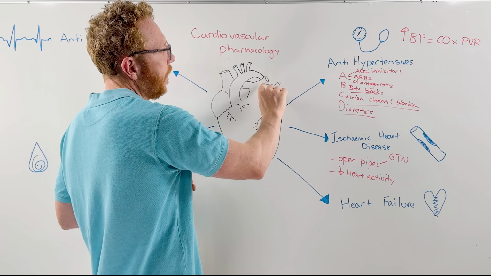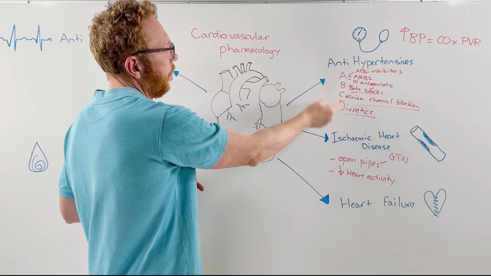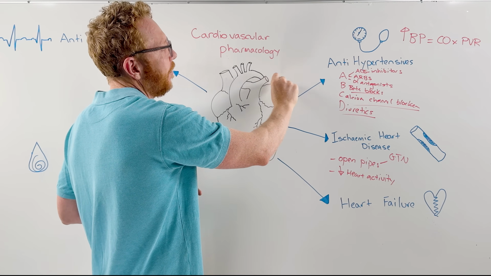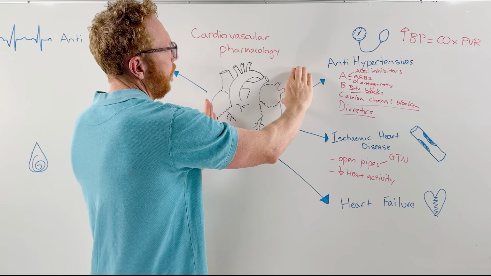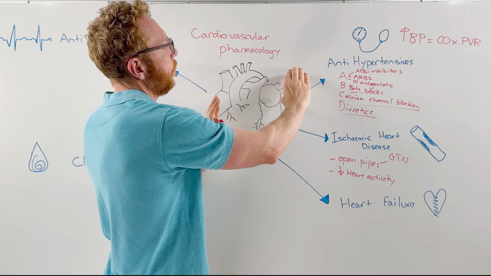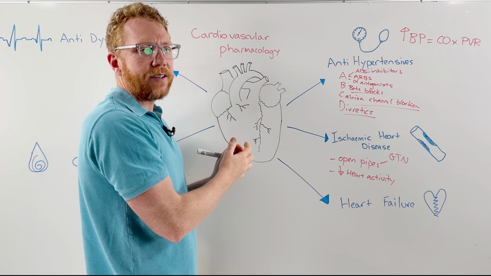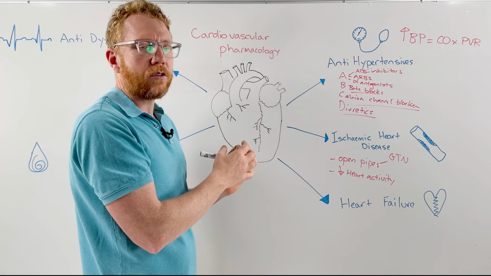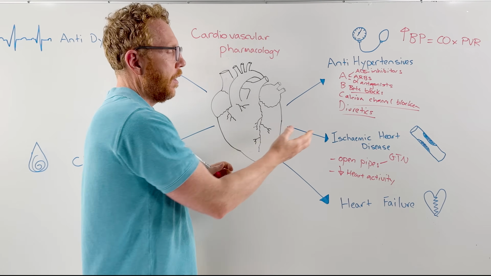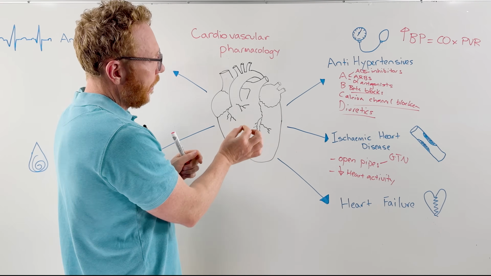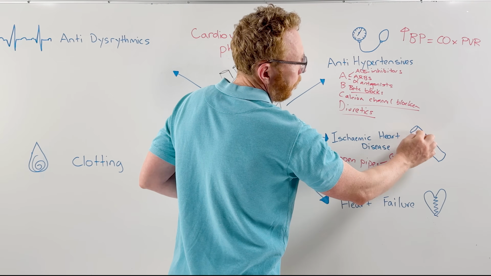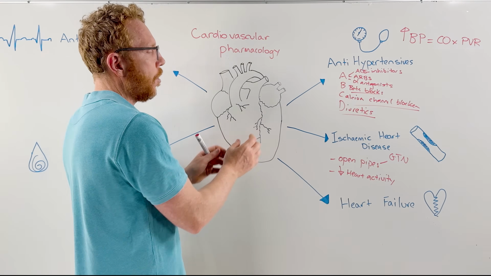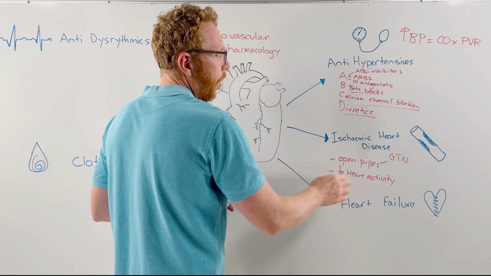It'll also decrease the resistance out of the heart. So if you open those blood vessels, it's easier for the aorta to push the blood, therefore the heart doesn't have to work as hard, therefore it doesn't need as much oxygen, therefore it takes the strain, we don't get ischemia. The other thing it can do is dilate the coronaries, so more blood can get through past the plaque, and then more oxygen is delivered. So that's opening the pipes.